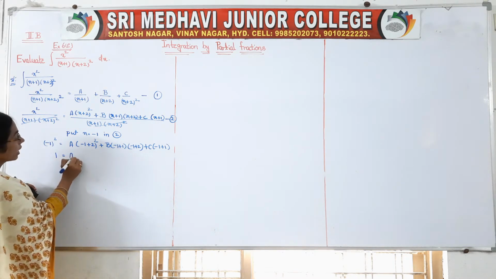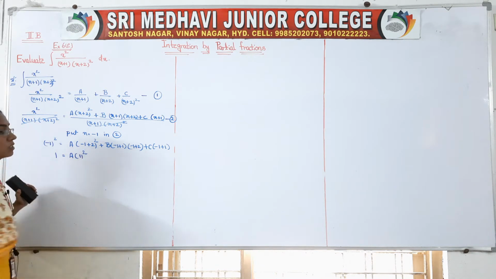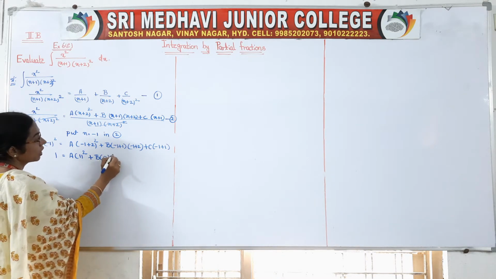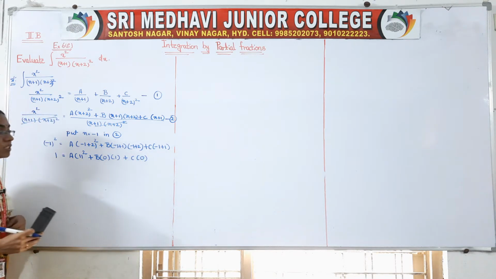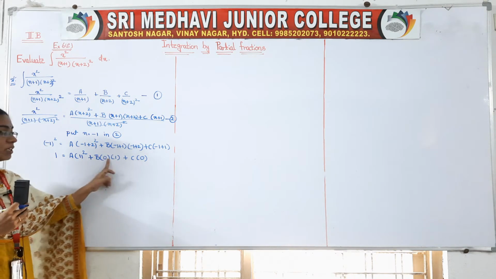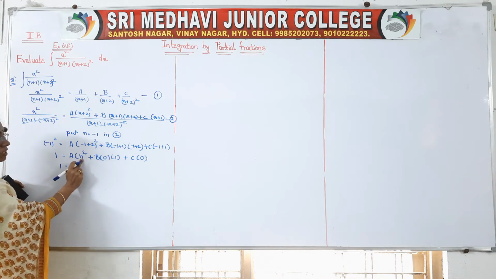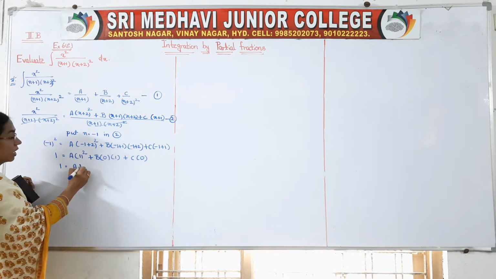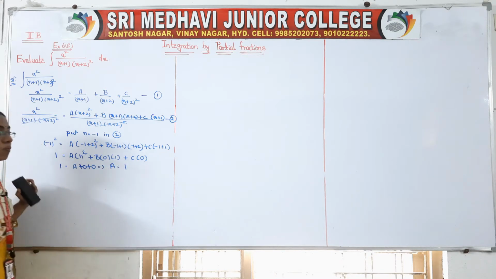A into (2 minus 1), which is 1, so 1 square, plus B into 0 into 1, plus C into 0. 0 into anything is 0. So 1 is equal to 1 square, which is 1, 1 into A is A, plus 0 plus 0. This implies A is equal to 1.